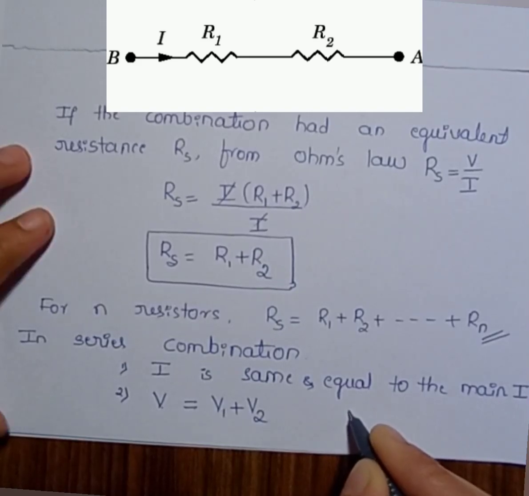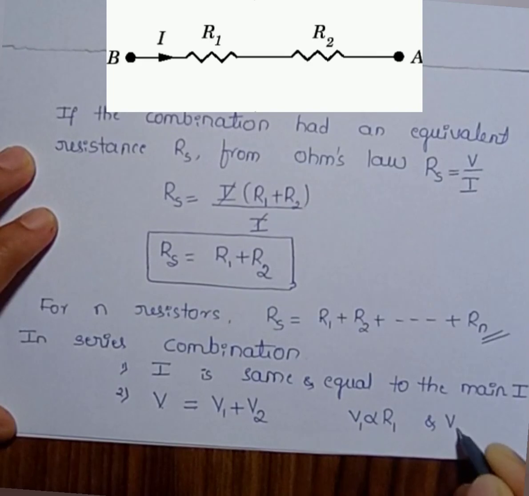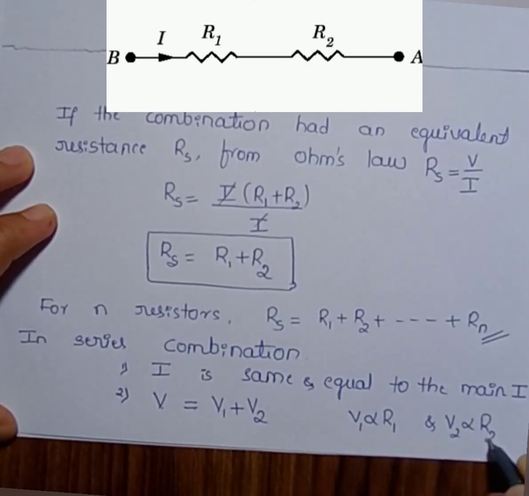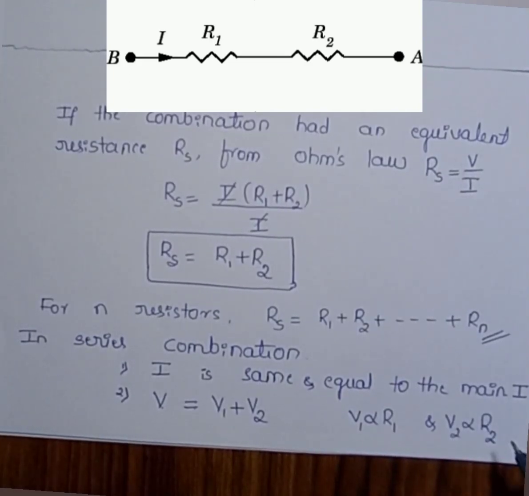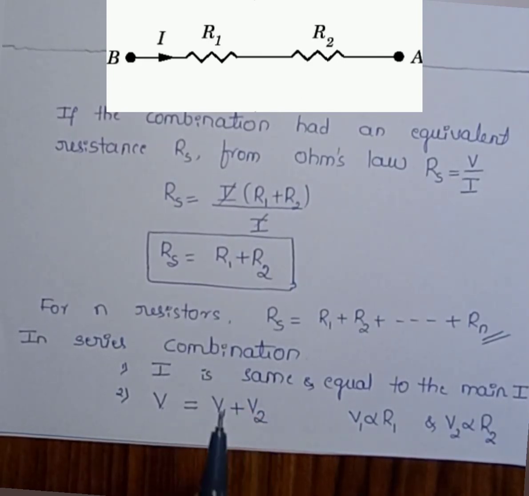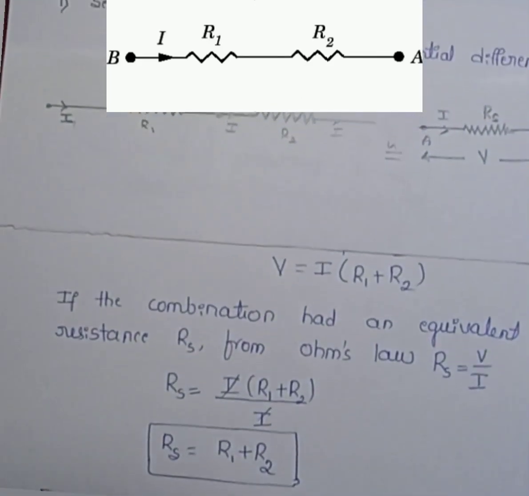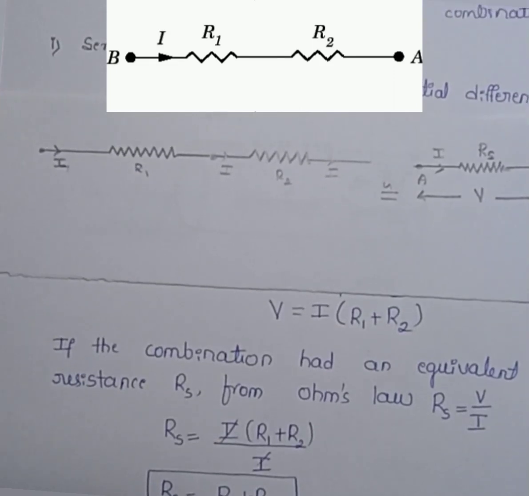That is, V1 is directly proportional to R1 and V2 is directly proportional to R2. The effective resistance is always greater than the highest resistance of the combination. This series combination of resistors is very important for the 3 marks derivation.